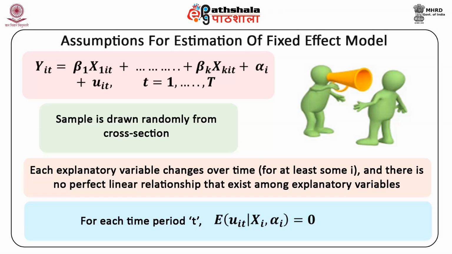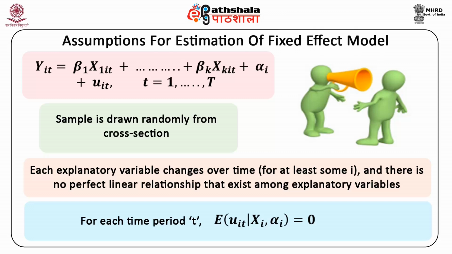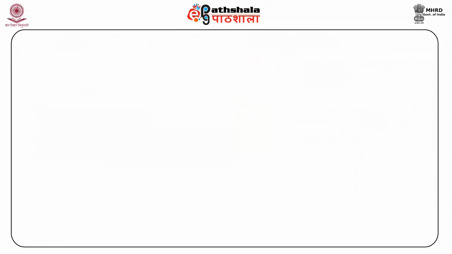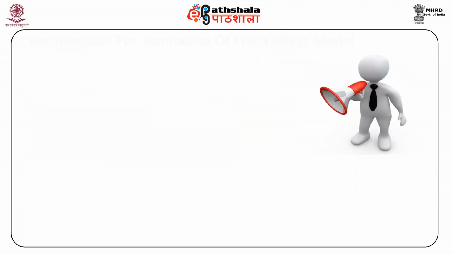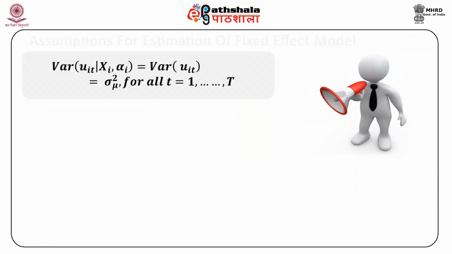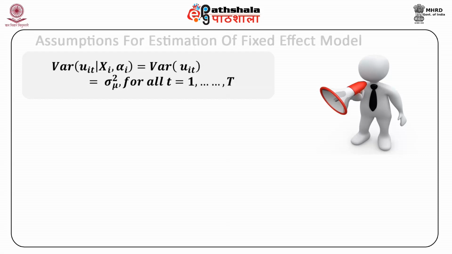All the above assumptions lead to a consistent estimator with a fixed T as N tends to infinity. The fifth assumption is that the variance of u_it given x_i and alpha_i is equal to the variance of u_it and is equal to sigma u square for all t, which is t equal to 1 to capital T.